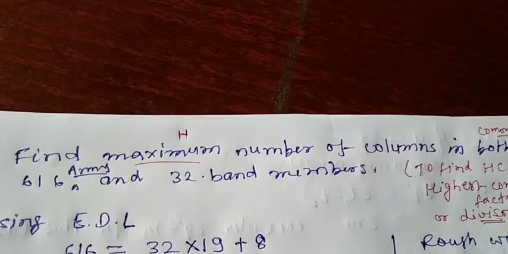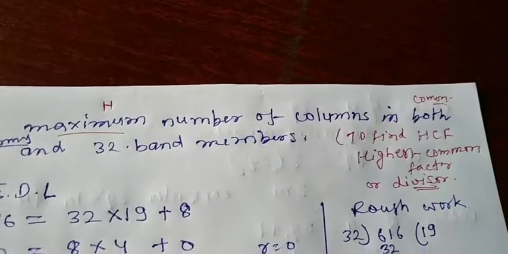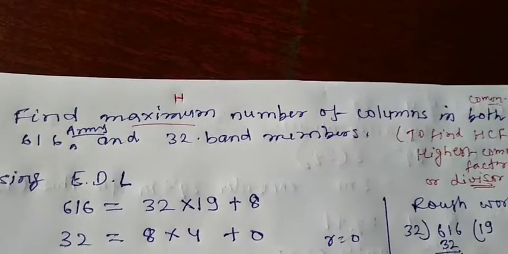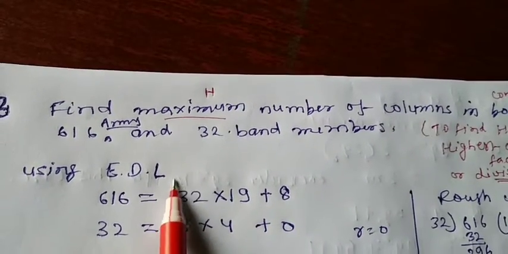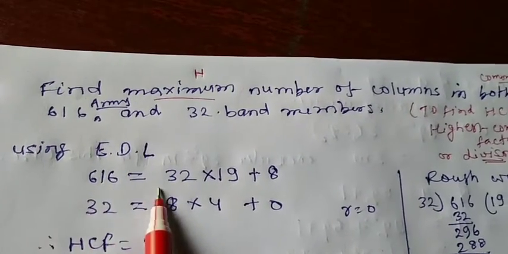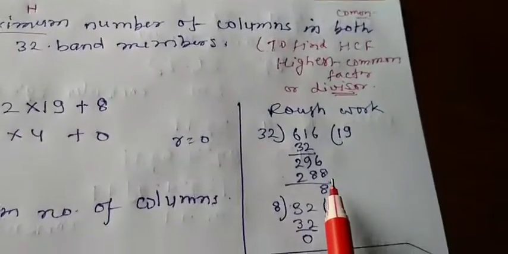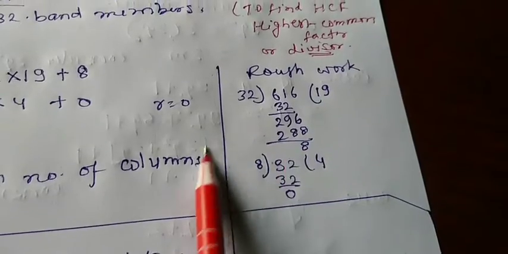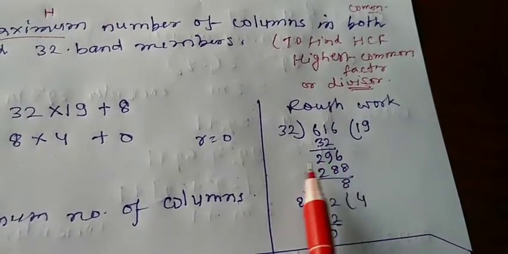What will be the maximum number of columns for both, so that they can march? By using Euclid's division lemma we can write 616 is equal to 32 into 19 plus 8. Just do this rough work, divide again and again, and you will get the answer.